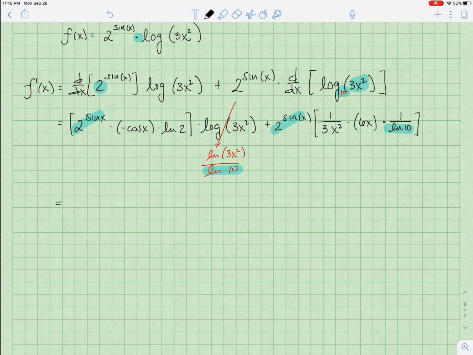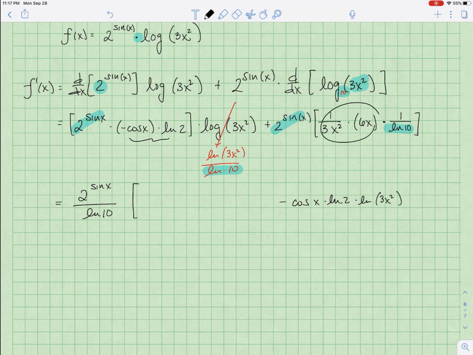Oh, Jenkins, you're so ill-prepared. 2 sine x over the natural log of 10 times the quantity. Let's see, this one's negative, so I'll write that on the back end. Let's write that as minus cosine x times the natural log of 2 times the natural log of 3x squared.